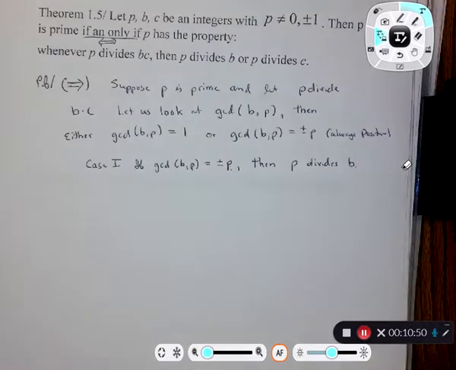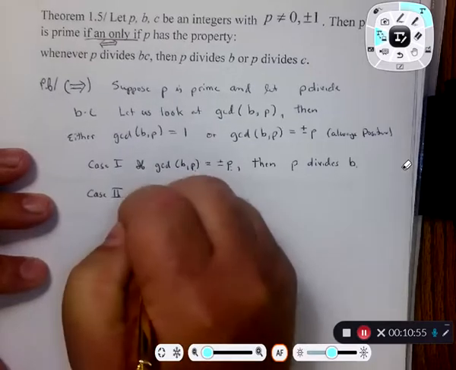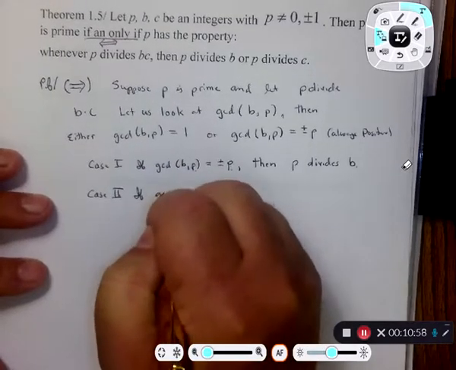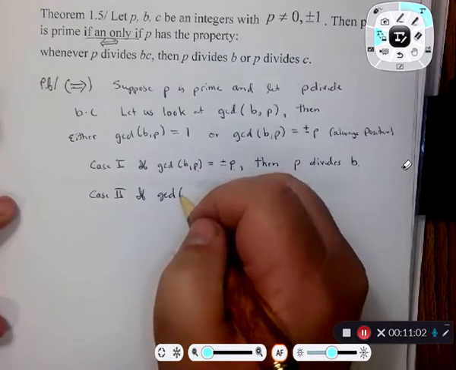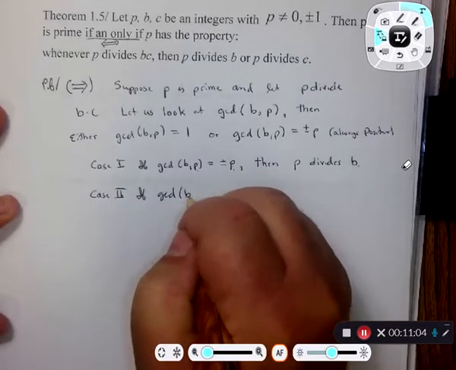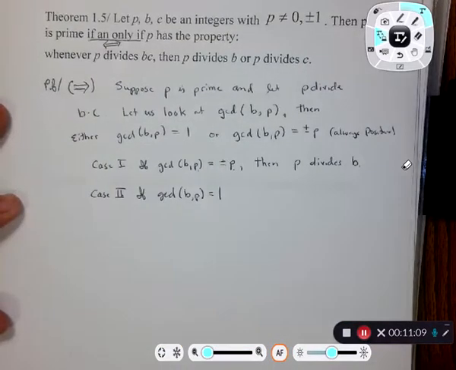Now with case number 2, if the GCD of B and P is equal to 1, that means they're relatively prime. Now let's understand.